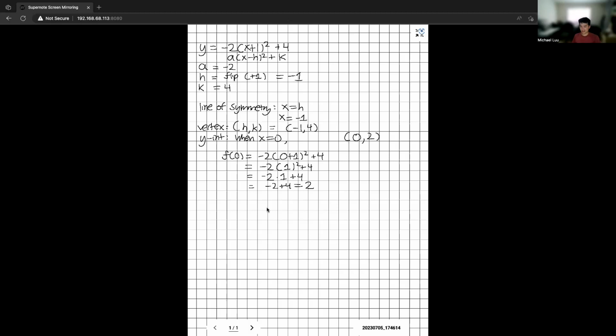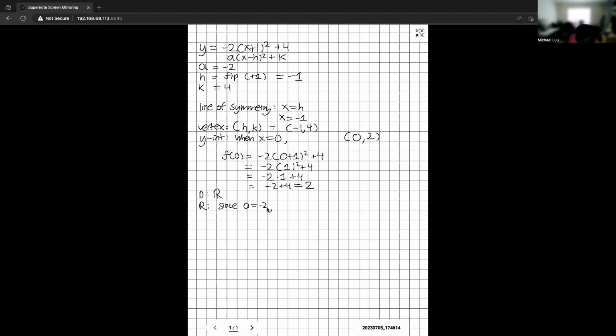I can't figure out the x-intercept because it's in vertex form, but I can tell a little bit more about domain. My domain is all real numbers. Then what about my range? And this is like the hard part of vertex form. I'm going to look at my a value. Since a is equal to -2, I have to remember what happens when a is less than 0.